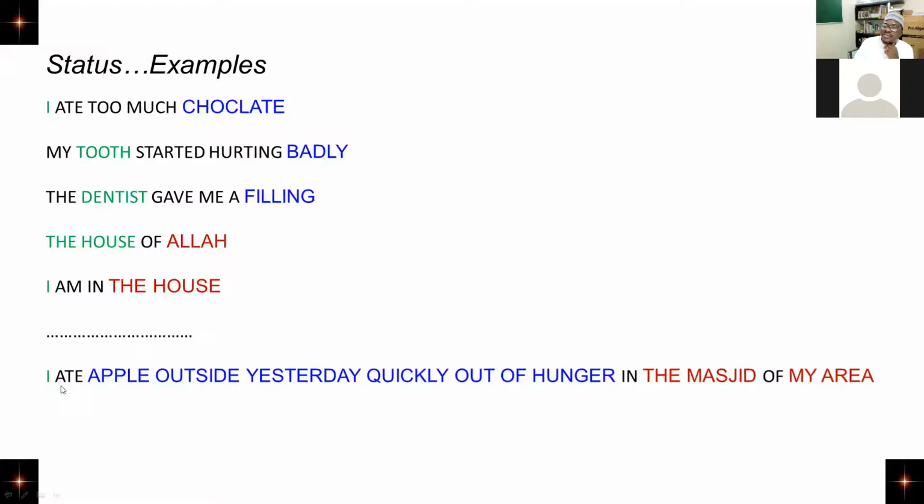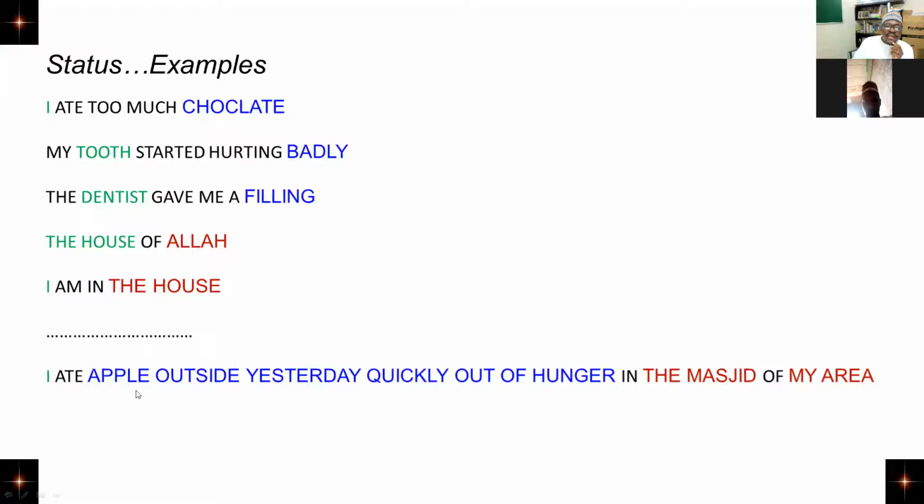Yes, Rabiu. Very good. So the apple is what I ate. Where did I eat it? Outside. When did I eat it? Yesterday. How did I eat it? Quickly. Why was I eating it quickly? Out of hunger.